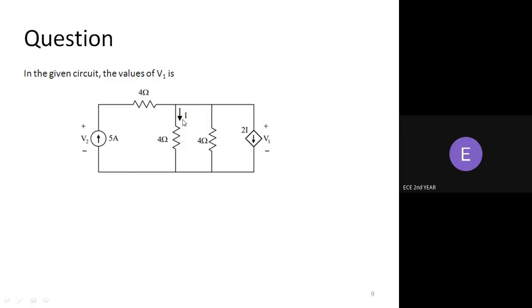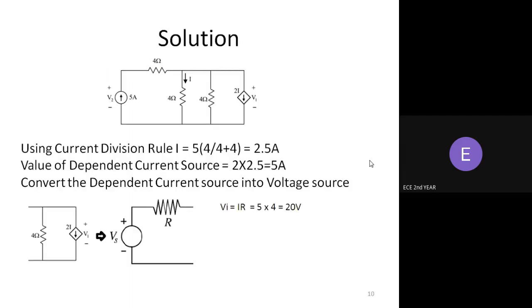First we need to calculate the current flowing through the 4 ohm branch. With this current value I, we can calculate the value of V1. Here V1 is equal to 2 into I, so that we can proceed with this problem.